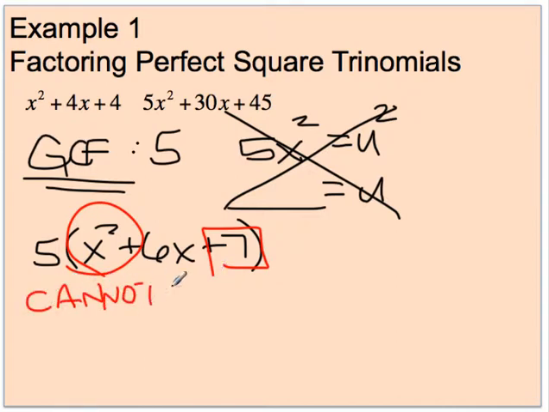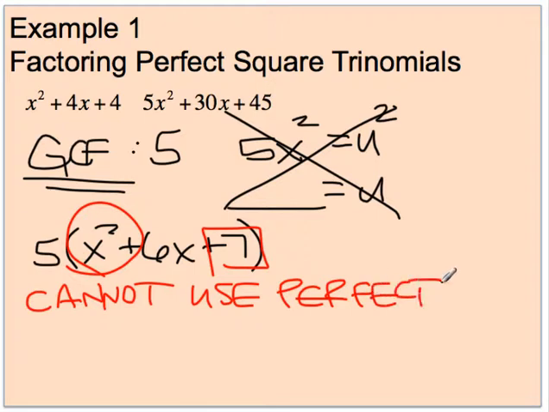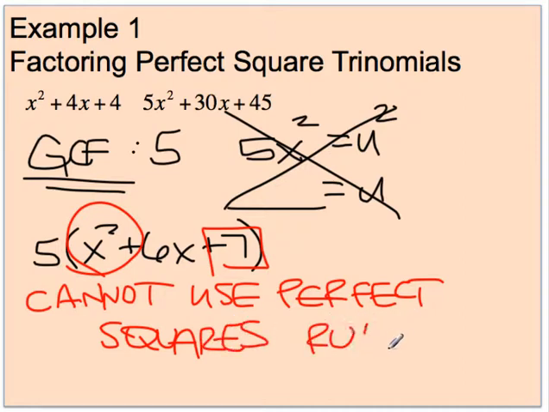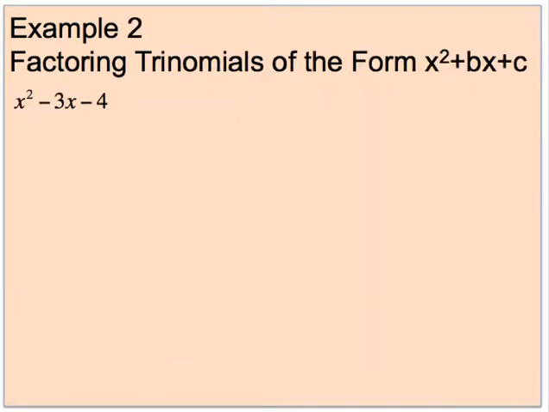Now there is another method that we'll start to use momentarily. Just realize that you cannot use perfect square rules if you don't have perfect squares. So you have to go to something else.